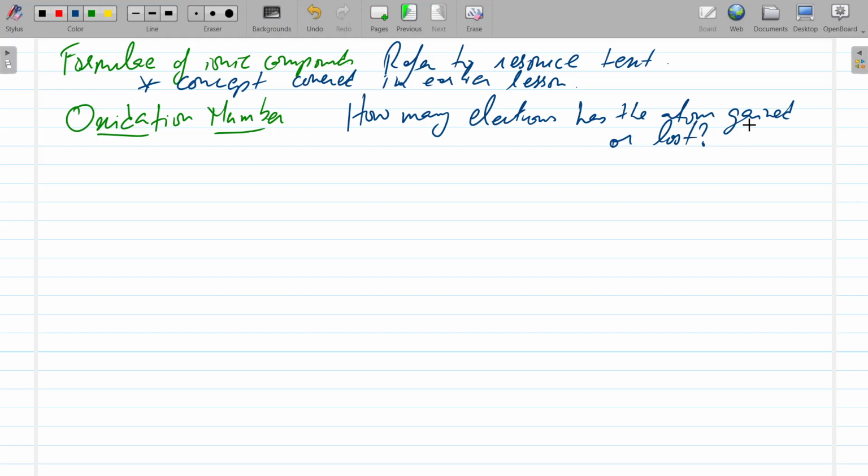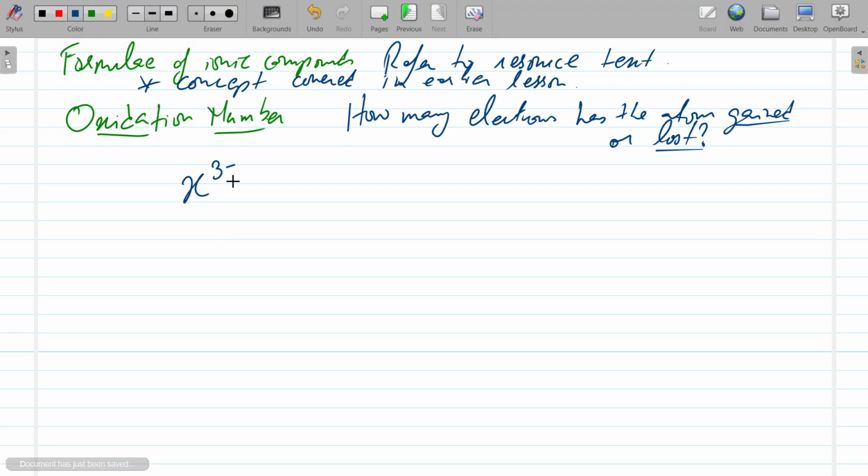Now keep in mind, we're talking about a gain or a loss. Hypothetically, we can have something, let's call it X, and it has an oxidation state of, for example, 3 minus.